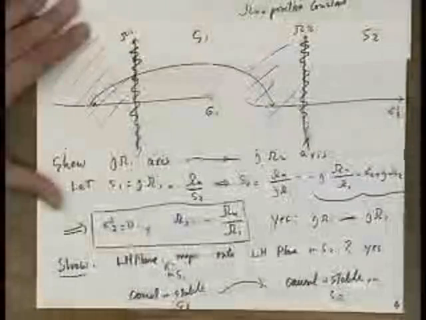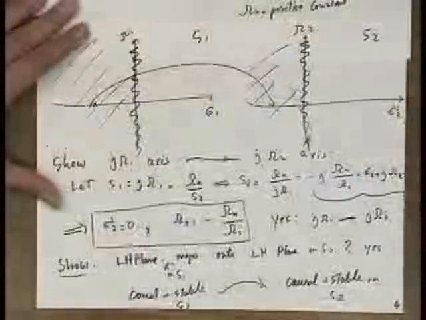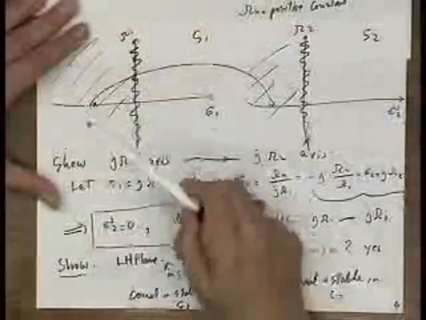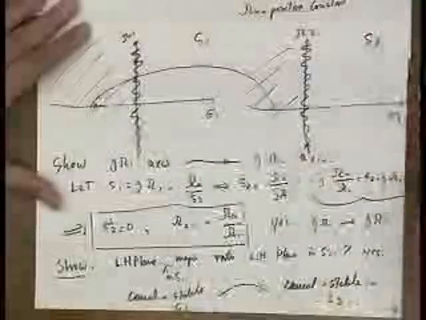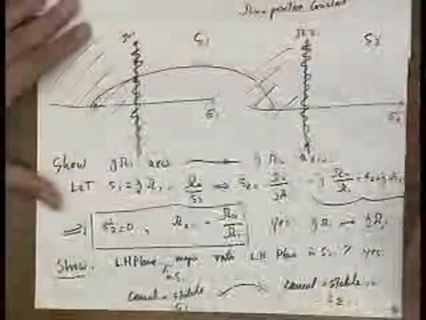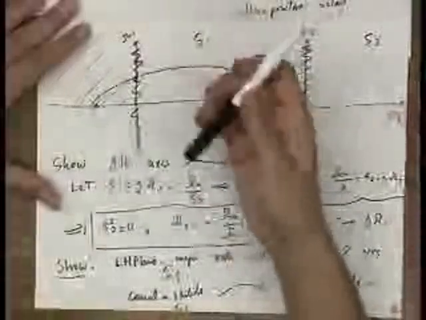But the question is, is it causal and stable? To begin with, you didn't start with a stable system, so that's already a bit of an issue because it's not really stable, right?